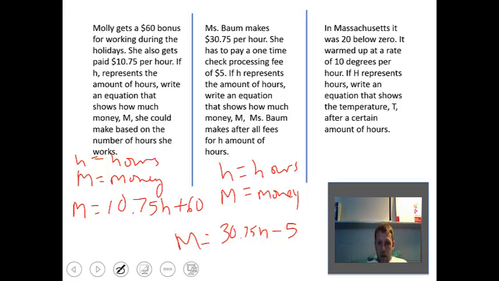All right, third. In Massachusetts, it was 20 below zero. It warmed up at a rate of 10 degrees per hour. If H represents hours, write an equation that shows the temperature T after a certain amount of hours. So H is hours, and T represents temp.